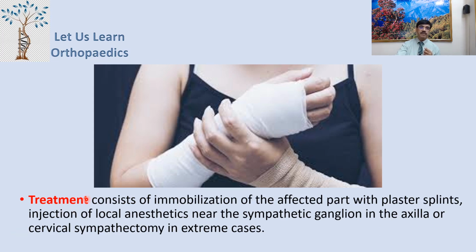Now, the treatment of this condition consists of immobilization of the affected part with the plaster of Paris slab, injection of local anesthetics near the sympathetic ganglion in the axilla, or the cervical sympathectomy in the extreme cases.